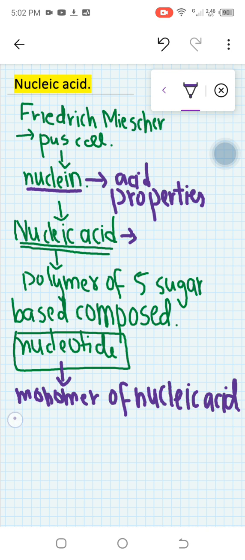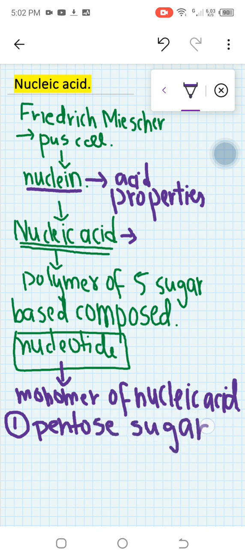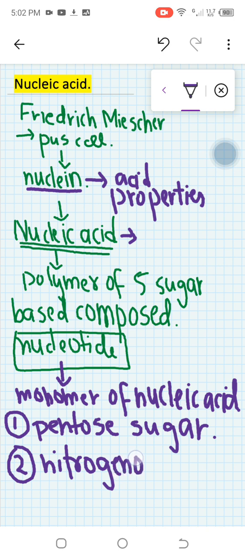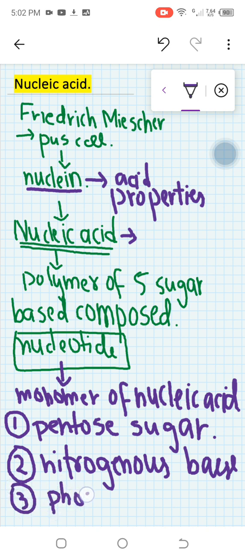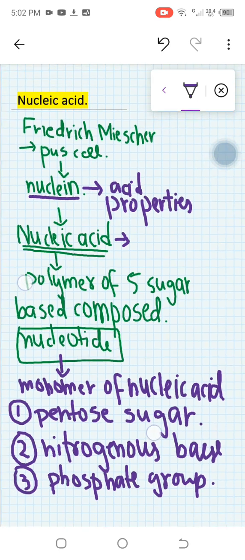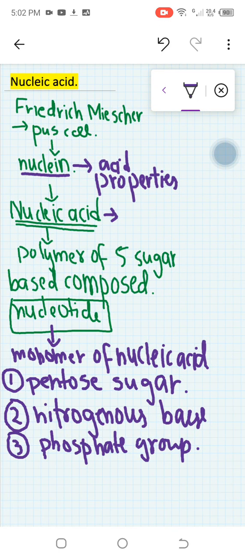It contains one pentose sugar, which is a 5 carbon sugar. Second, it has nitrogenous bases. Third, it has a phosphate group. So these are the basic components required for nucleotide formation.